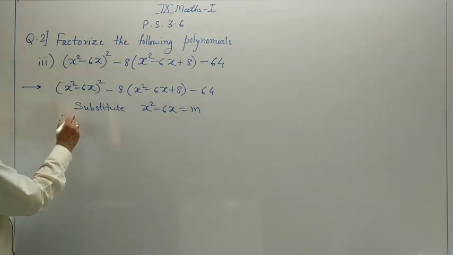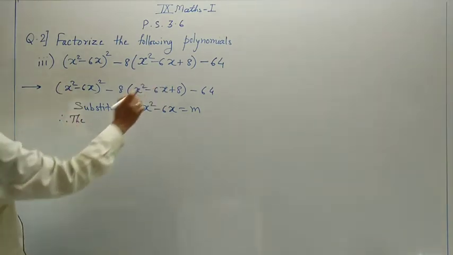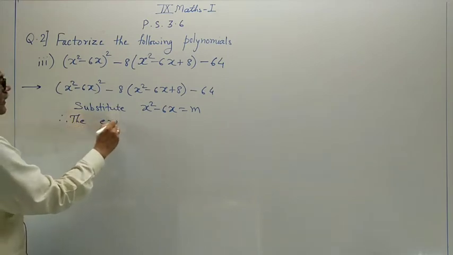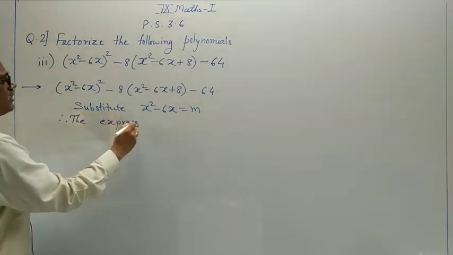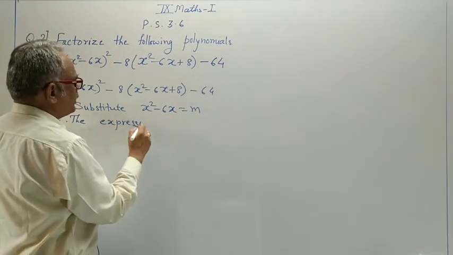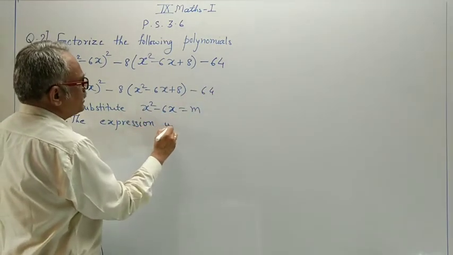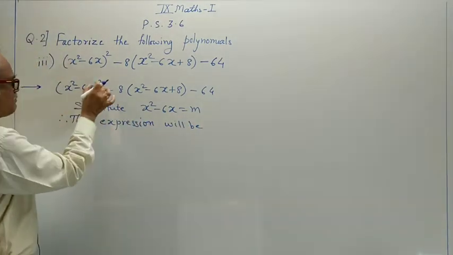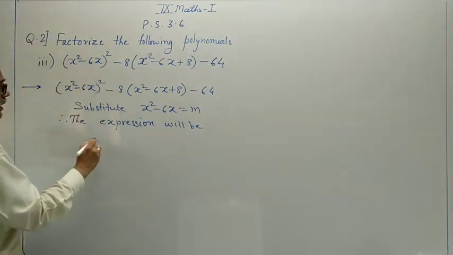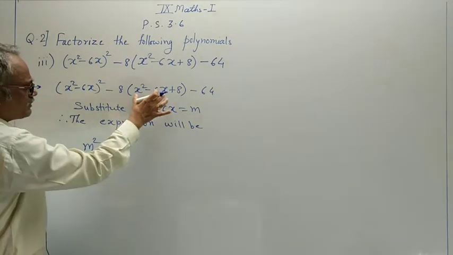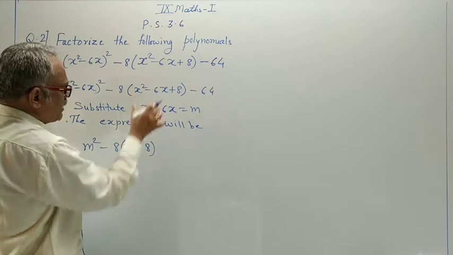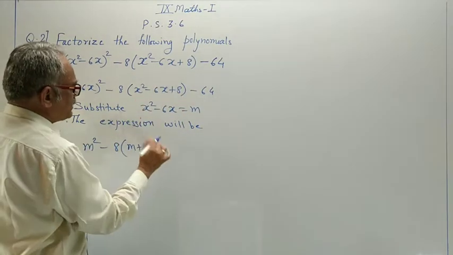Therefore the given polynomial will be m² − 8(m + 8) − 64. Don't write an equation, it is not an equation, the equal sign is not there, it is only factorize. So x² − 6x is m, plus 8 as it is.